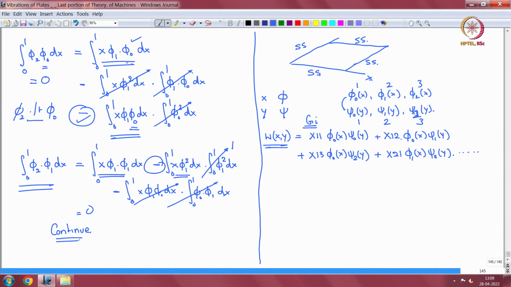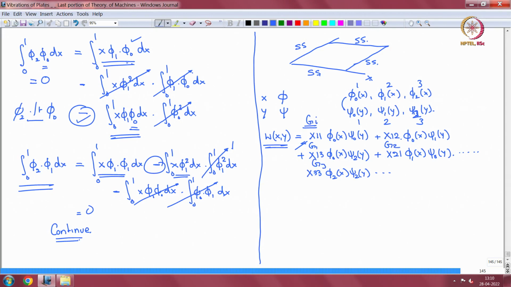Finally x33 phi 2 of x chi 2 of y. These are your g's, g1, g2, g3, etc.